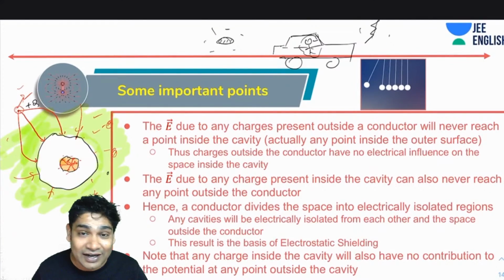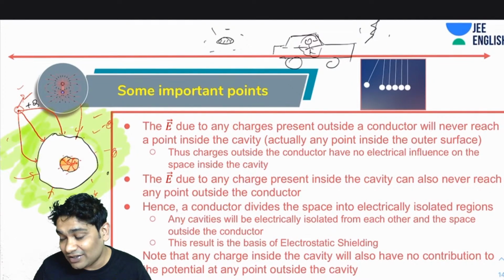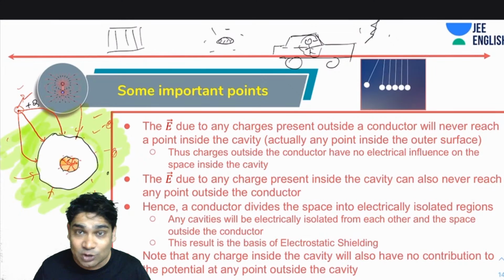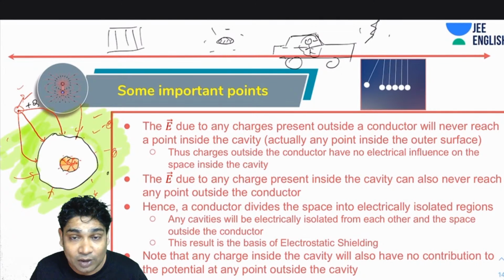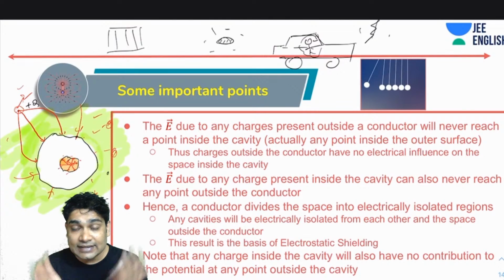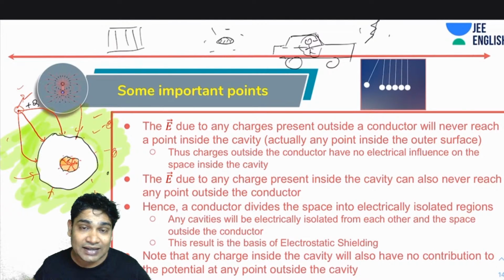There is something called Faraday's cage, in which you have a metallic cage, all right, and you place any sensitive instrument inside that if you want to isolate it from any electric phenomena happening outside. So the moment you make such a cage of metal, anything inside can be isolated from anything that is happening outside.